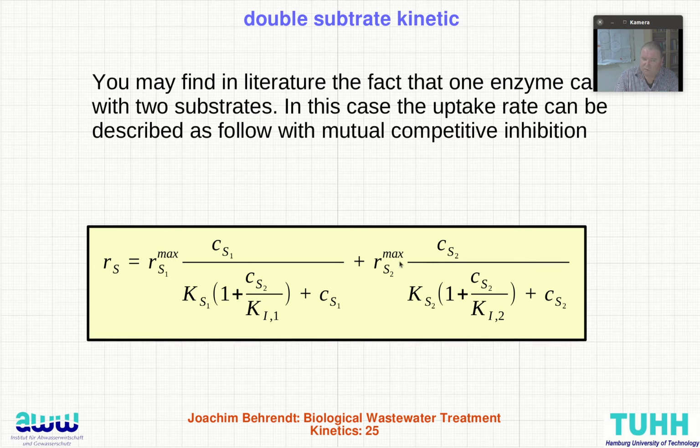If there is additionally also a high concentration of fructose, they will not work at double the speed if they are of the same magnitude. In this case, the other substrate acts as a competitive inhibitor, and vice versa. So the total uptake rate or growth rate is maybe reduced.